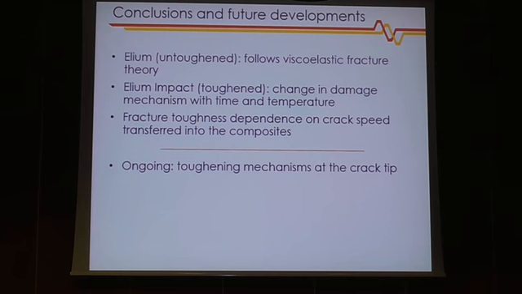And also we've seen that the fracture toughness dependence on the crack propagation speed was fully transferred into the composite. And we are now currently working on better understanding these toughening mechanisms in order to confirm the indications obtained from the volumetric strain studies we've seen.